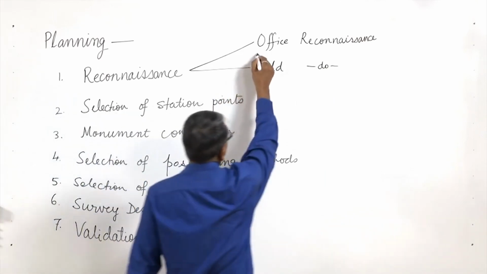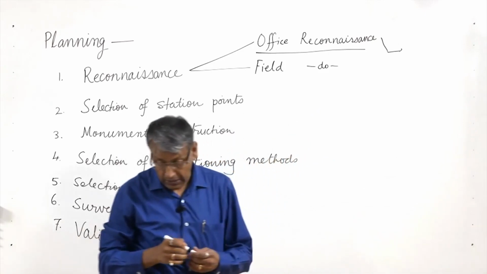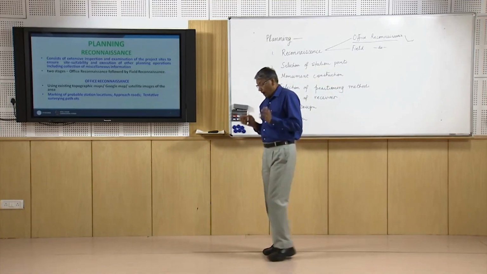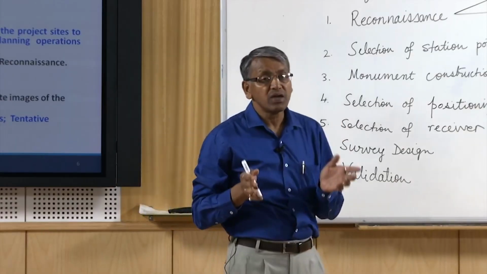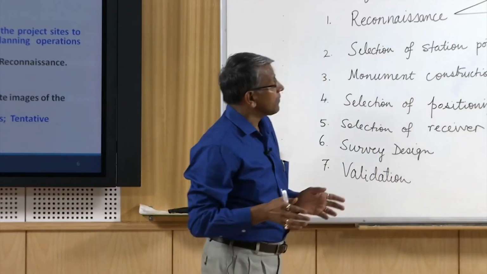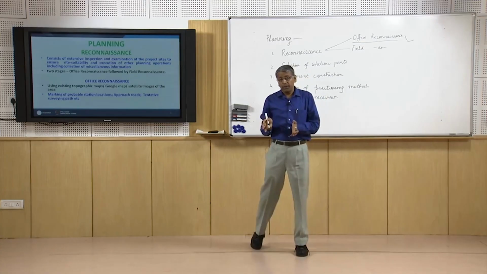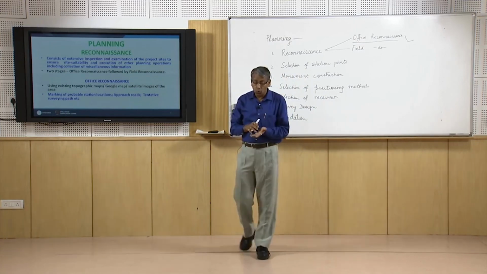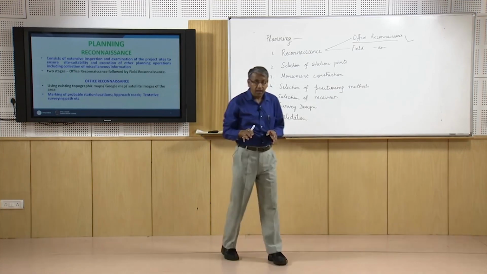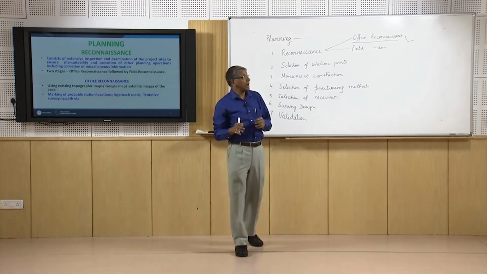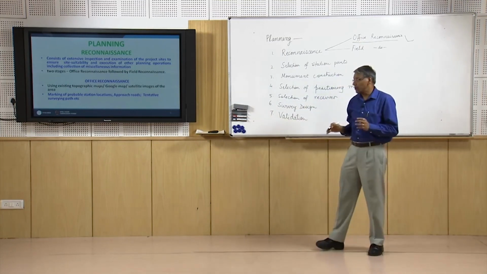Now in case of office reconnaissance actually we do it inside the office. So what we do, we take the existing topographic maps, images, aerial photographs as large scale as possible, and in those existing maps, images we thoroughly see the project area and whether the area is viable for GPS surveying or not.